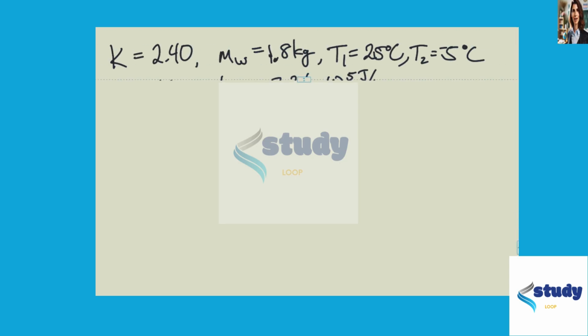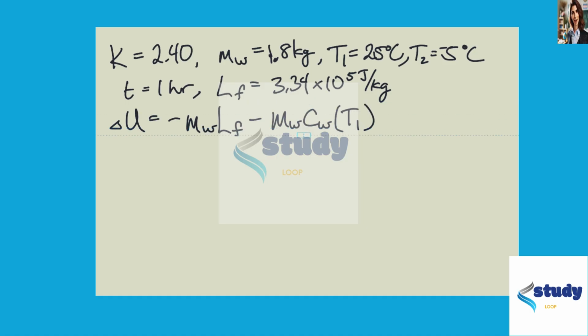Okay, so we have our givens, and we know the latent heat of fusion for changing water into ice is 3.34 times 10 to the 5th joules per kilogram. So we can figure out the change in internal energy of the water.